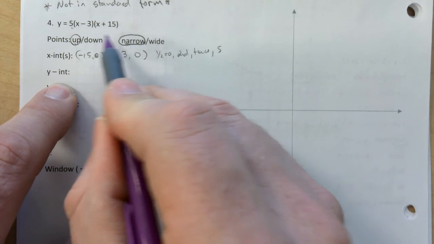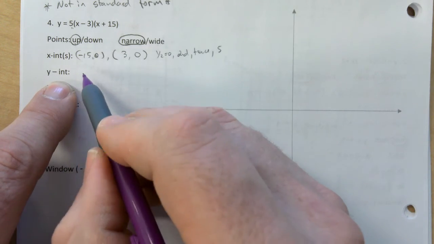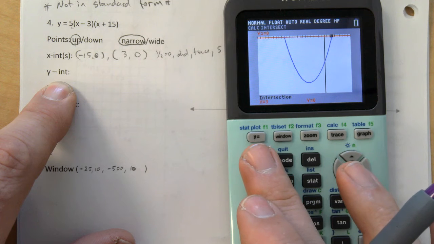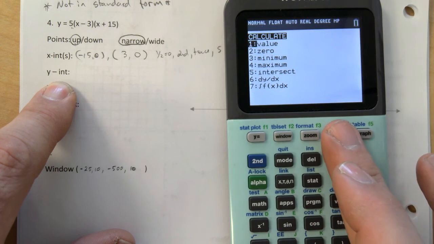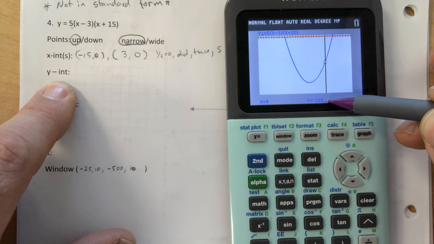Y-intercept, you can't do it like this. Okay, you can't just go get it from your equation. So that's where you go second trace value, x is equal to 0, and it's actually negative 225.